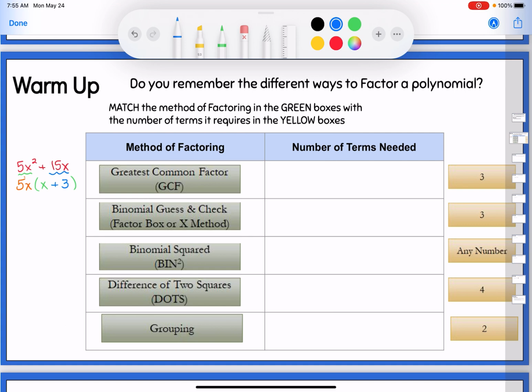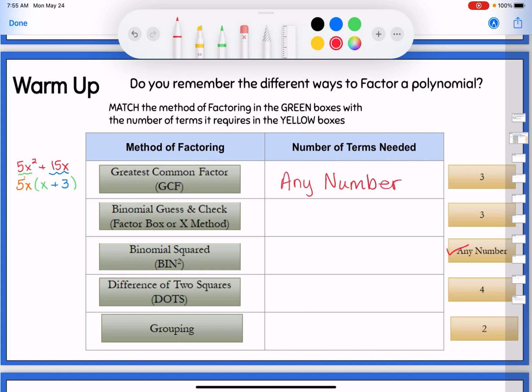The one that I used right here was 2 terms. However, if you had 3 terms or 4 terms or 5 terms or however many terms you want, if they all have something in common, you can use GCF. So this top one is any number of terms. That's what goes with GCF, okay?